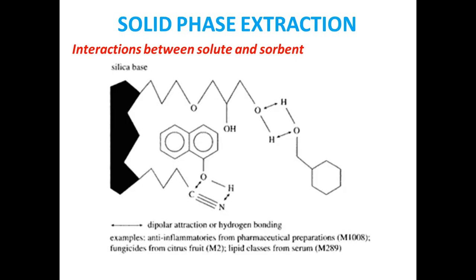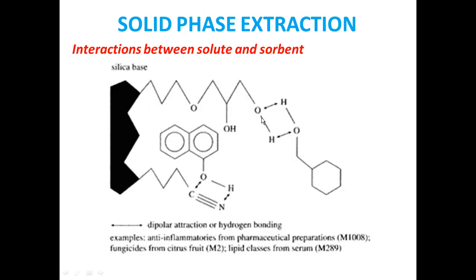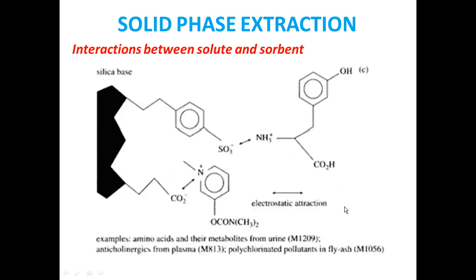But here the sorbent is polar, because of the presence of the hydroxy, oxygen and cyano groups. Therefore, a mixture of polar and intermediately polar interactions can be expected. Not only that, dipolar attraction or hydrogen bonding can also be expected.